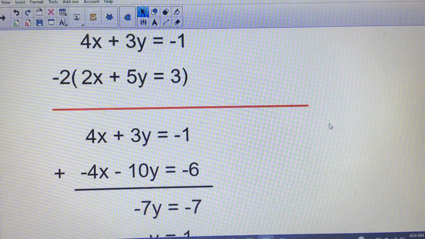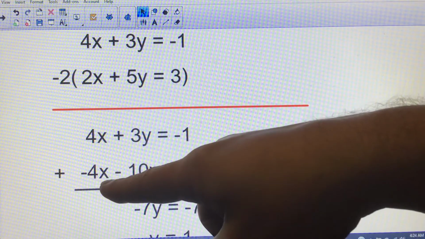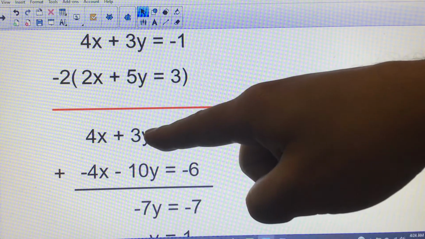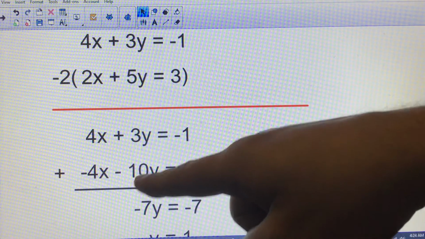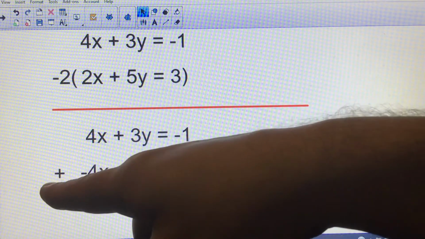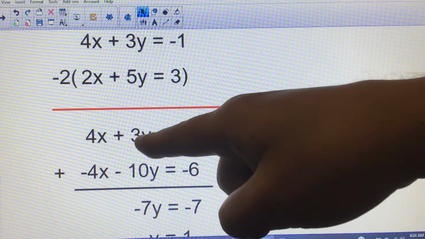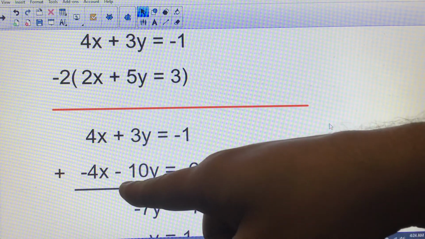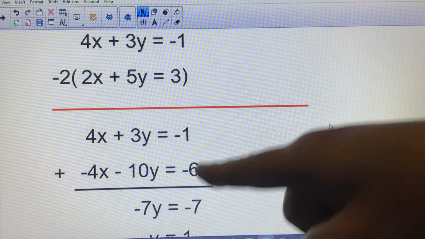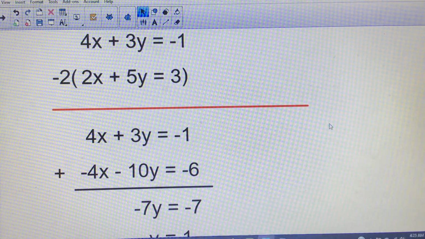So what happens is, when I add 4x to negative 4x, it comes out as 0x, so it's gone. 3 plus negative 10, because I still have to do the rest of them. So when I add the 3y to the negative 10y, remember when you add a negative, you subtract. 3 minus 10 gives me negative 7. So I have a total of negative 7y. And negative 1 plus negative 6 makes negative 7.